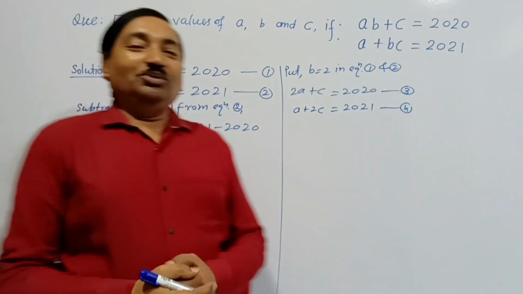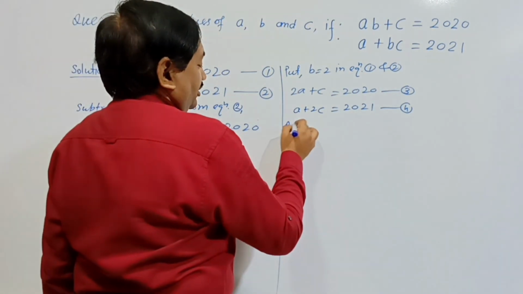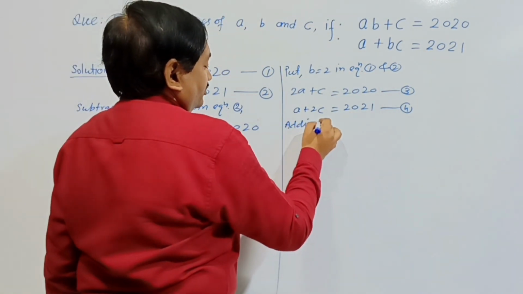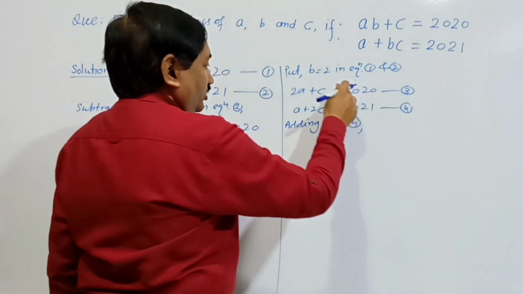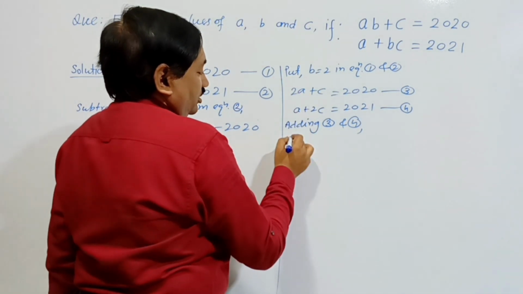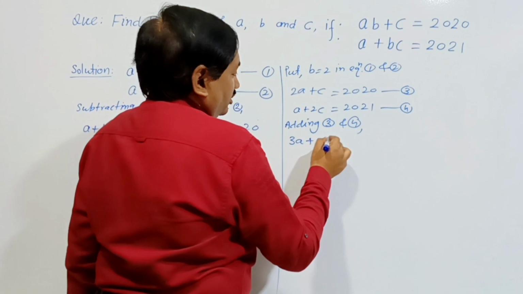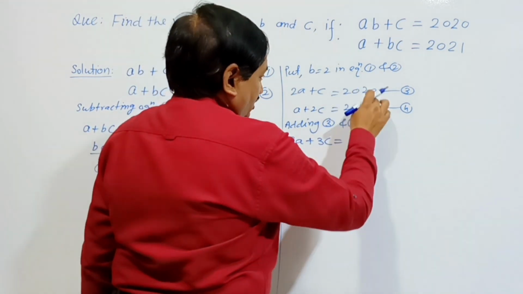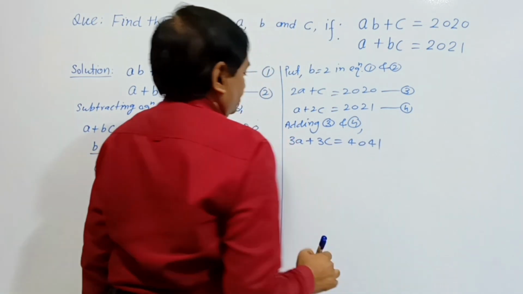Now, what should we do? Adding equations 3 and 4, we get 2A plus A, 3A, C plus 2C, 3C, equal to the sum of these two numbers, 4041.